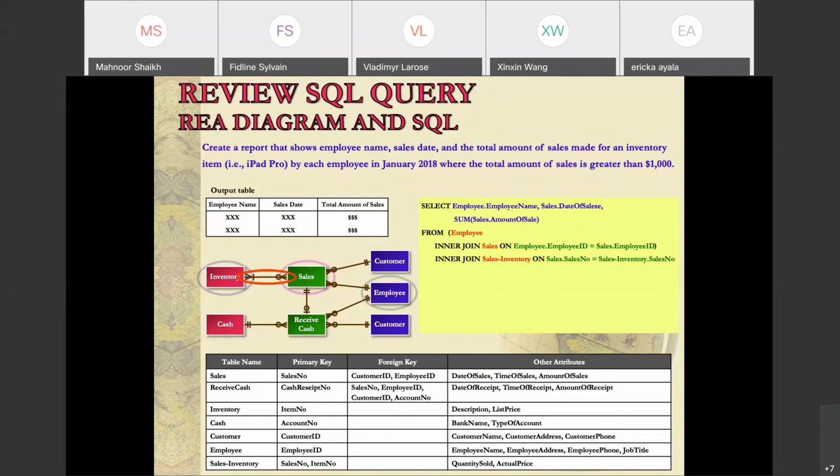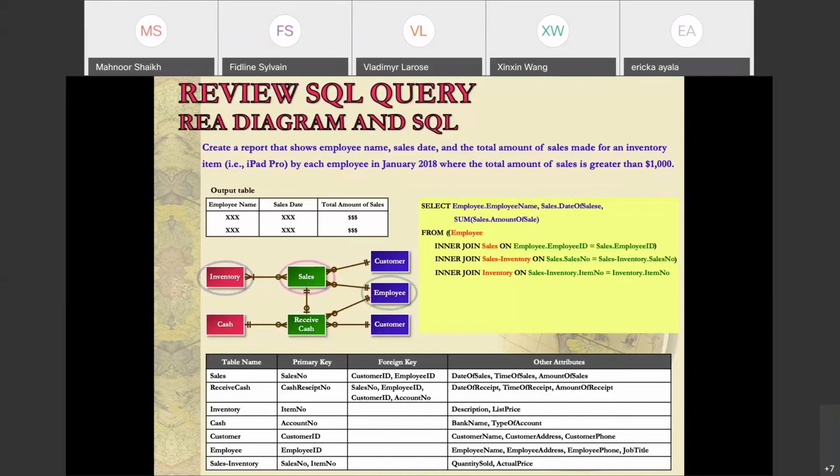We do inner join a second time because there is a connection between inventory and sales, right? And then the sales inventory also uses the item number. So we do inner join inventory on sales inventory item number equals inventory dot item number. So you understand the logic is easier, right?